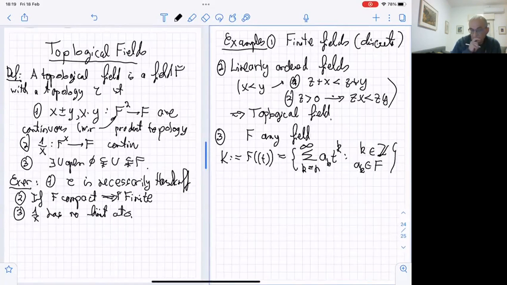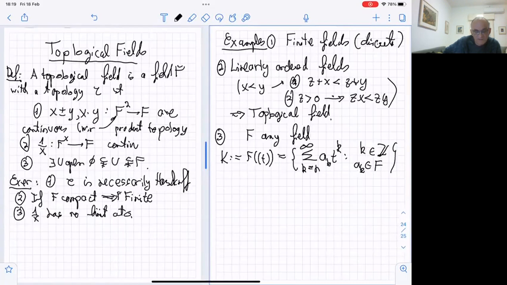Sorry, Kobi, may I interrupt you with a question? Yes, please. It's on your first slide here on the left. I don't get either the definition or the exercise. For example, if it is the real field with the classical structure and the classical topology, do you consider it as a topology?